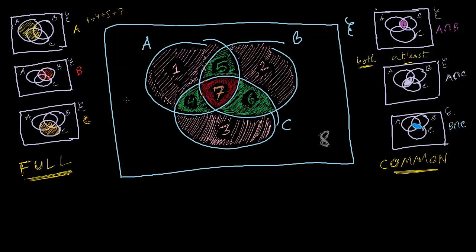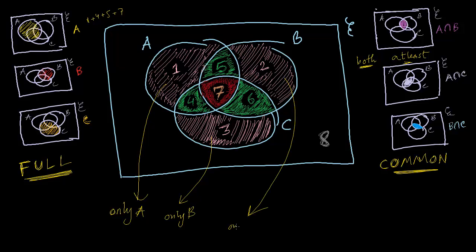Now the main part. The sets which are shaded by 1, 2 and 3, these regions are called only. So this is only A, then this is only B, and this is only C. So when they talk about only, these are the regions that are being talked about.